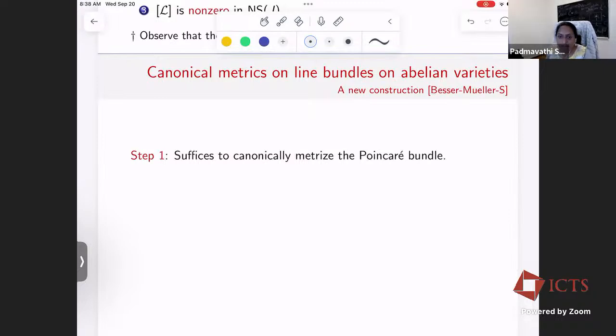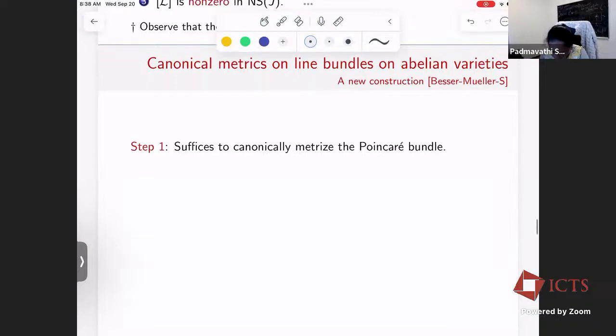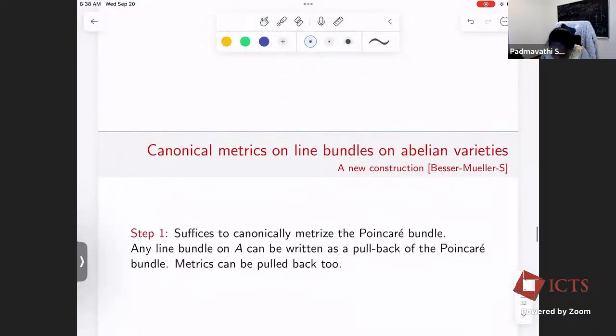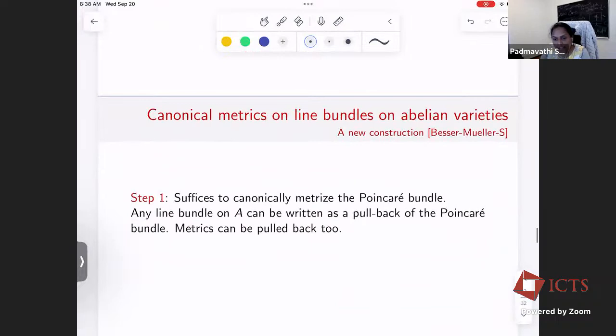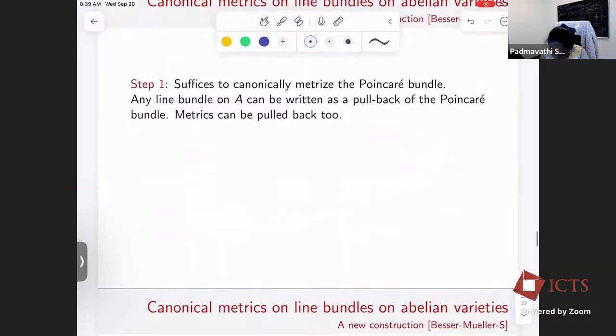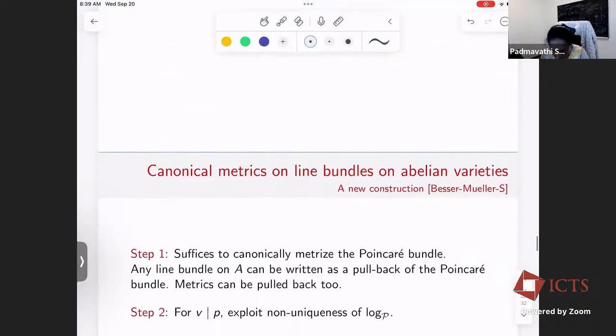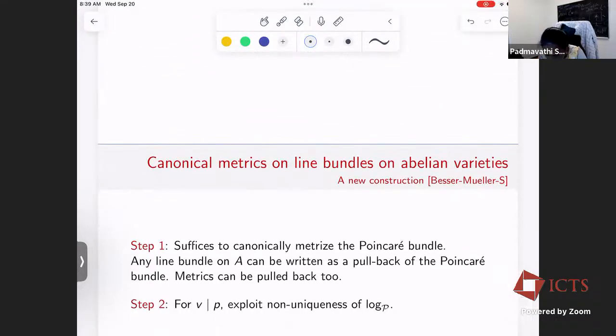It's enough to metrize the mother of all line bundles, the Poincaré bundle on the Jacobian. And any line bundle on A is the pullback of the Poincaré bundle, and you can pull back the data of a metric on a line bundle. So it suffices to metrize the Poincaré bundle.